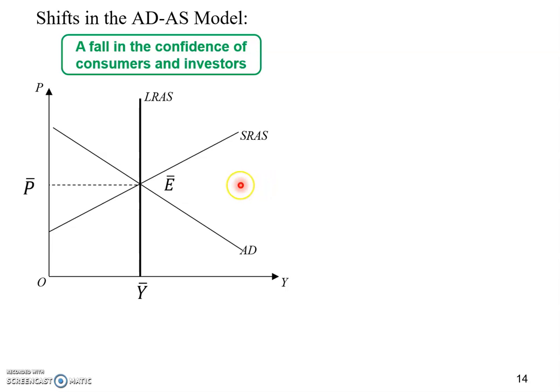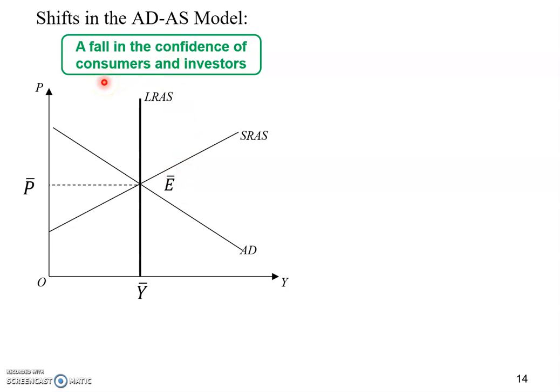So you could say at the beginning, the economy produces at the potential level Y bar. So it's just on the long-term trend, and then this happens.